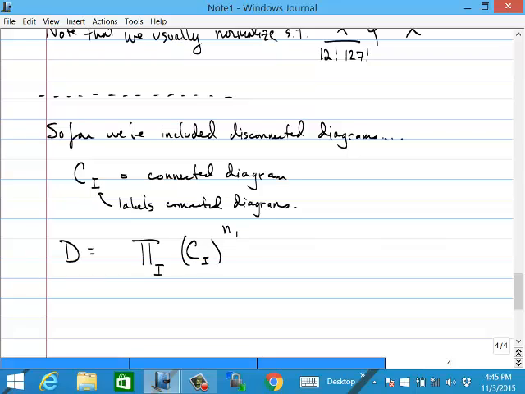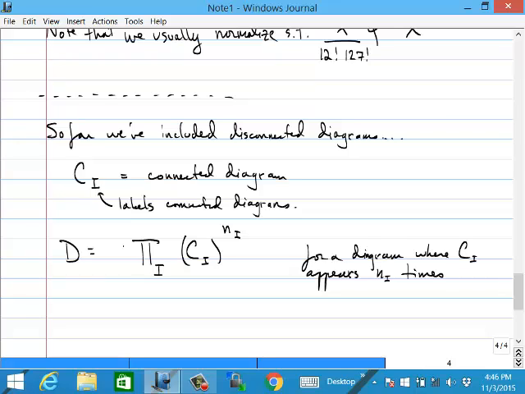So if you have a general diagram where the connected diagram C sub I appears some number of times, then the general formula for that diagram is just going to be Ci to the Ni power, and then you take the product over all possible connected diagrams.